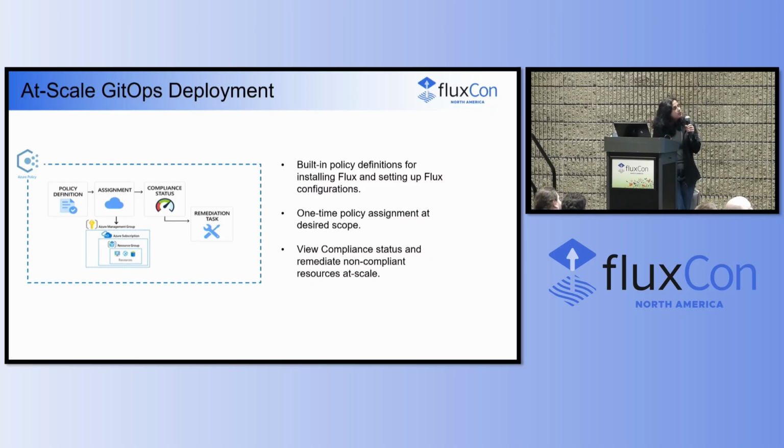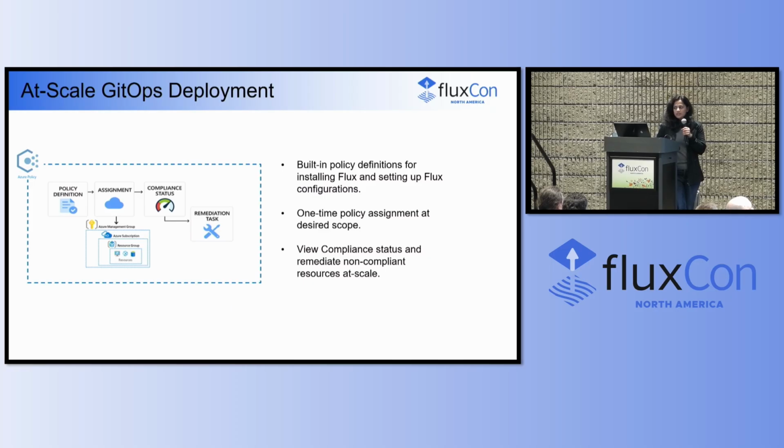The scope can be a management group, a subscription, a resource group. Once the policy is assigned, whenever new resources come up in this scope, the policy is automatically applied on the resource. And you can also view the status of the policy, the compliance status of your resources at scale, and also apply remediation tasks for any non-compliant resources.